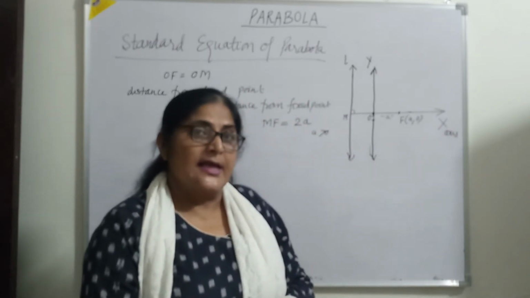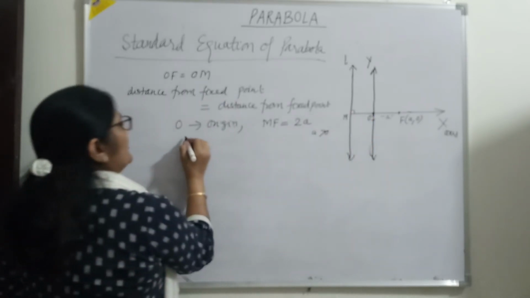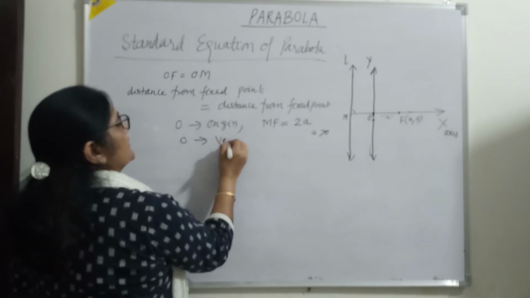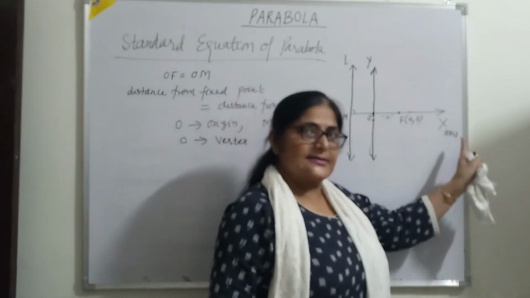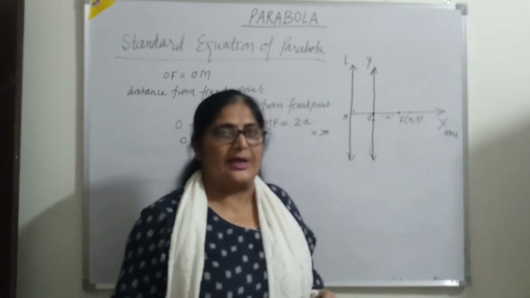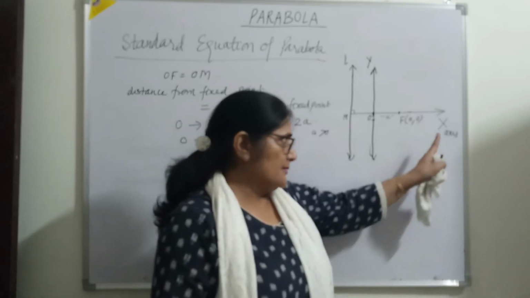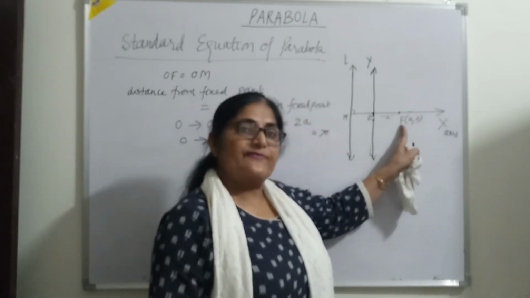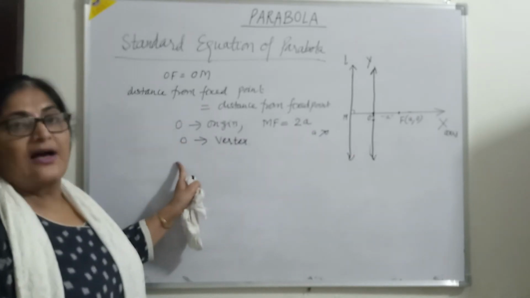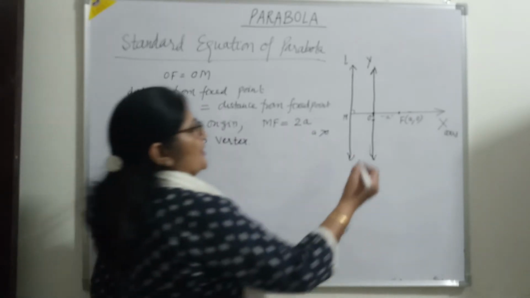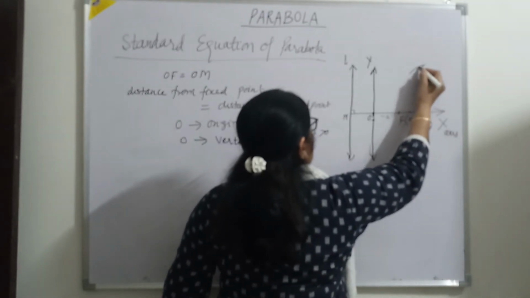We have taken the x-axis as the axis of the parabola. So O will be the vertex. The axis is perpendicular to the directrix. So F is the focus, (a, 0), and O will be the vertex.